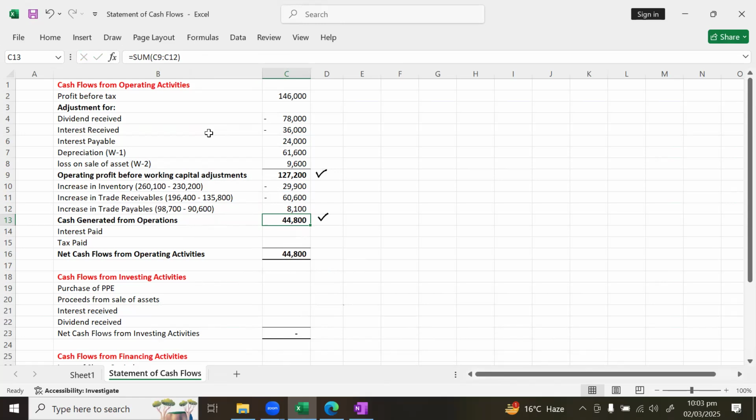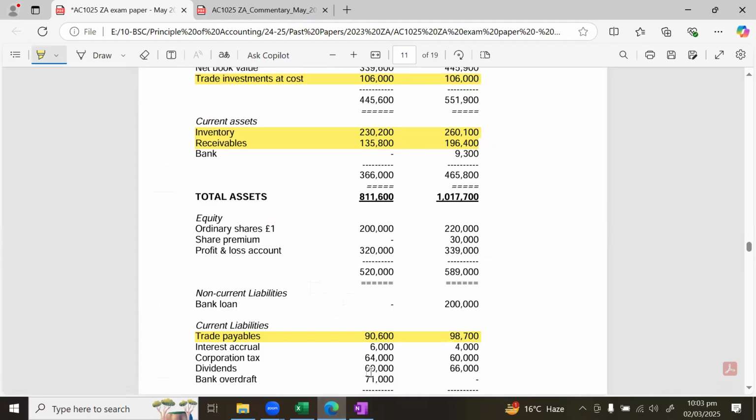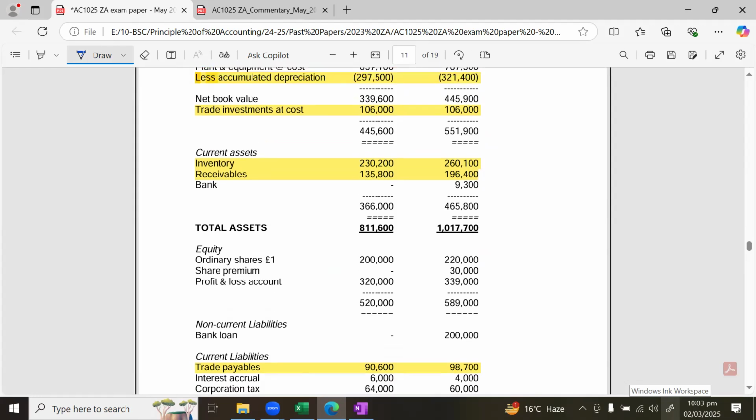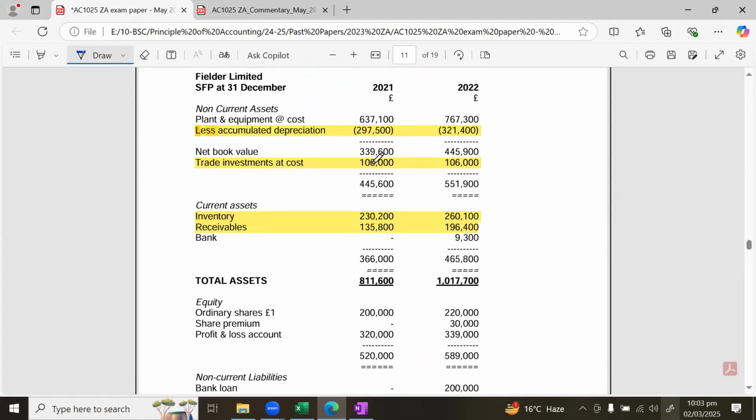Now we are having two workings, interest paid and tax paid. Okay, interest. Let me write 2022, 2021 over here so we will not have any confusion.